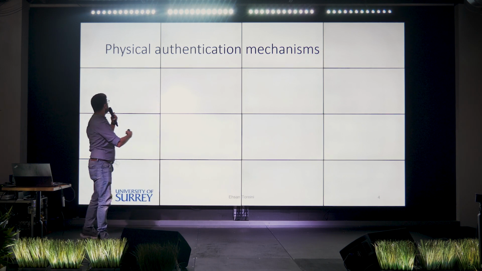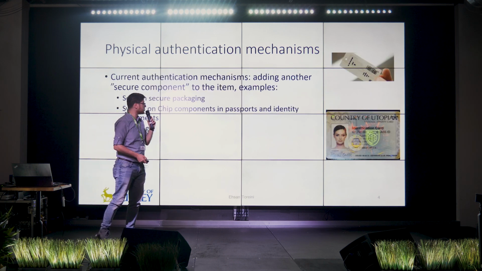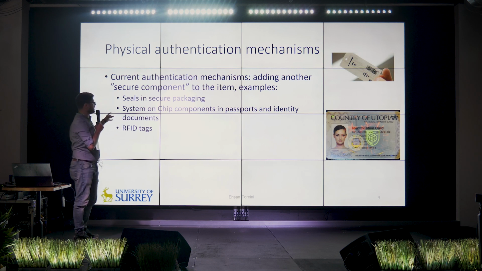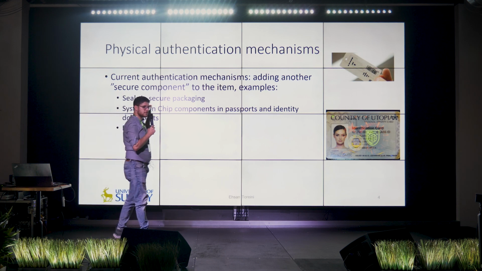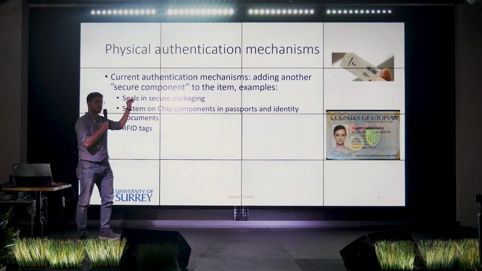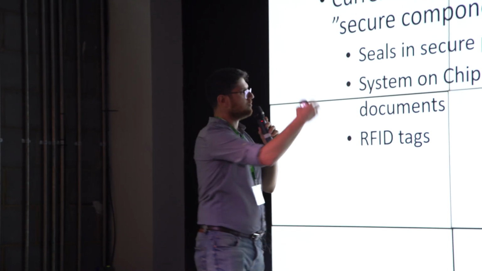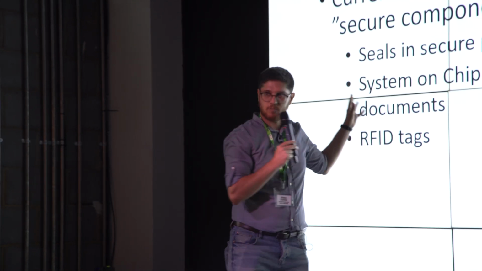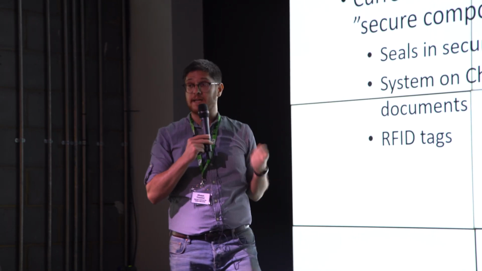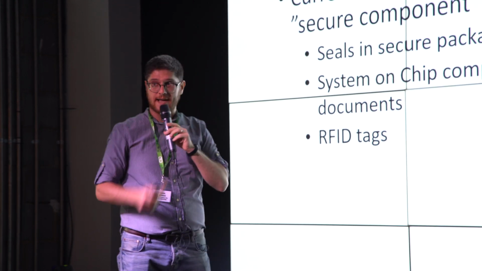So, for example, what are the mainstream physical authentication mechanisms that are out there? Usually, for protection of a physical item, you are adding another secure component to that item. That means you are adding some seals on it, or putting a system on chip, as happens in a lot of identity documents, passports or RFID tags.